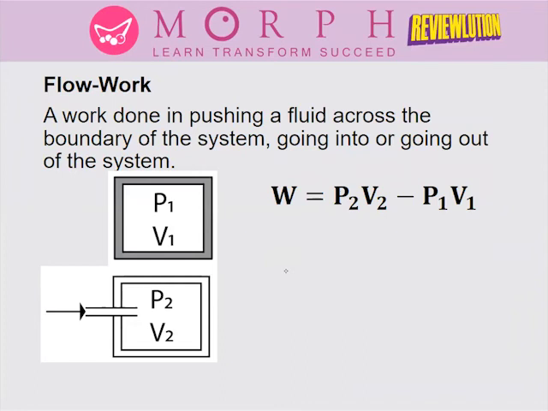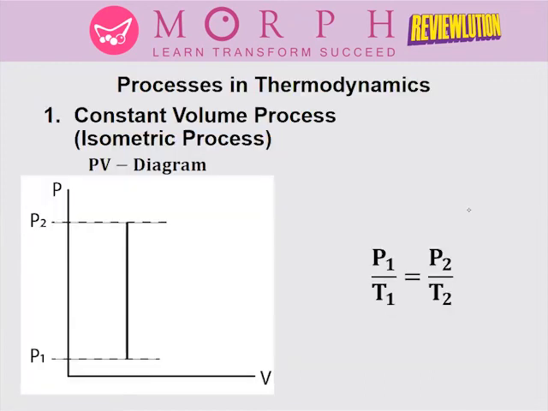So, ngayon, if yung system mo already has the initial pressure and the initial volume, and what happens is nagkaroon ng panibagong fluid na pumasok, that is why it's a flow work. There will be now a secondary pressure, at saka panibagong volume niya. And para makuha yung work done or the flow work, you have to get the difference: P2 V2 minus P1 V1.